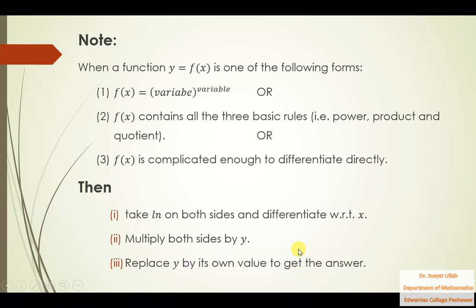So remember that if the function is in this form, or the function contains all the three basic rules, and if you think that a function is complicated enough to differentiate directly, then in all these three cases we will follow these three steps, that we will take the log on both sides and use the properties of log function to simplify that difficult function, and then differentiate the given function with respect to x.